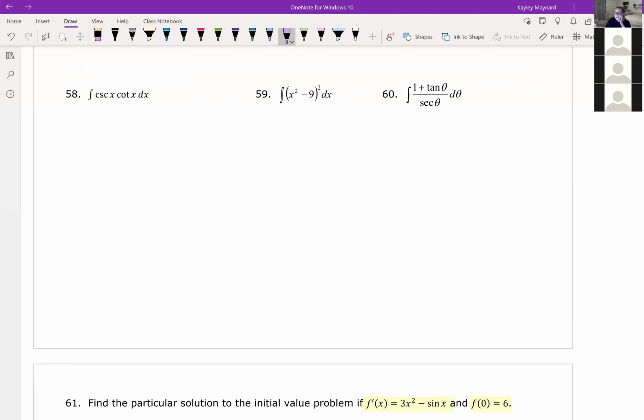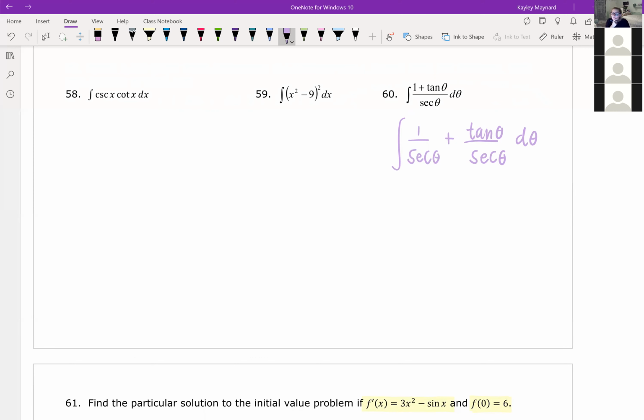Something that is a good first step is to, if you've got it over the denominator, maybe split this up and see if you can do anything. So make this 1 over secant plus tangent over secant. All right.